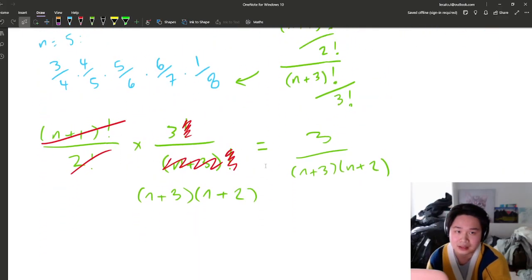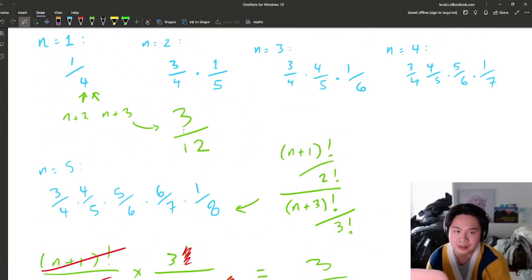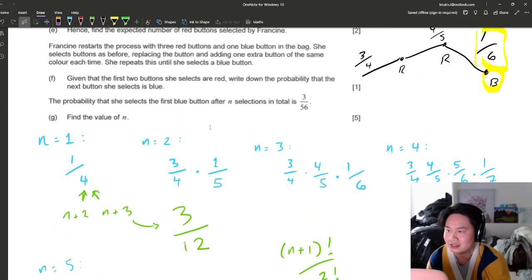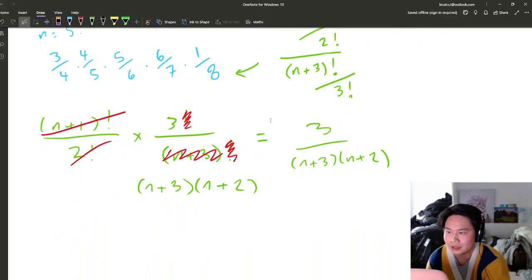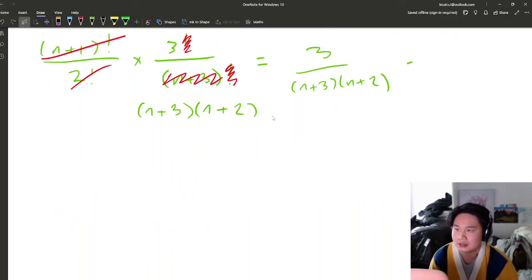Anyways. I think that would have been a little tough to recognize in the middle of an exam. But okay, this is equal to 3 over 56. So this is equal to 3 over 56. Then obviously that means that these have to be equal.